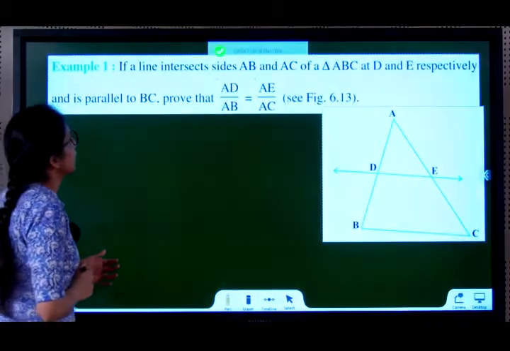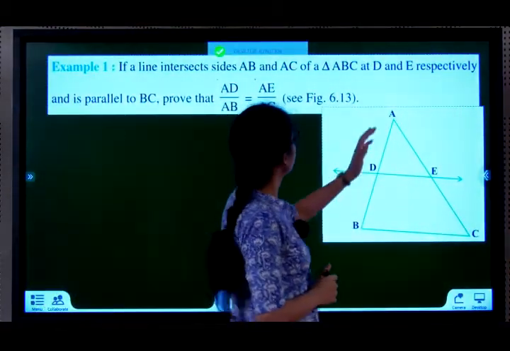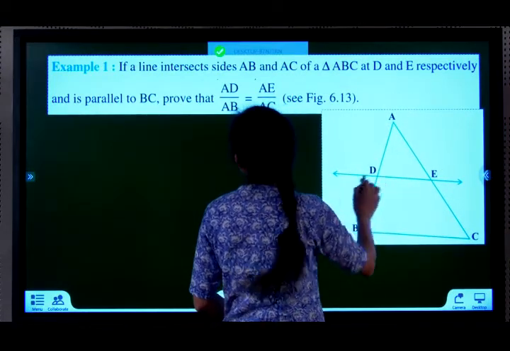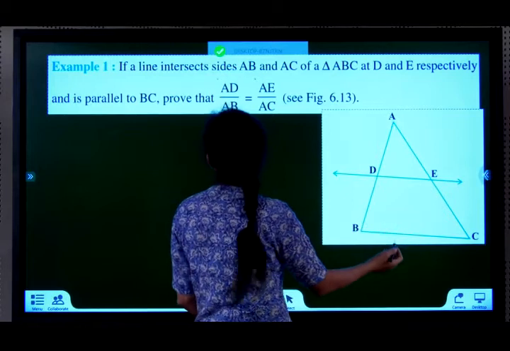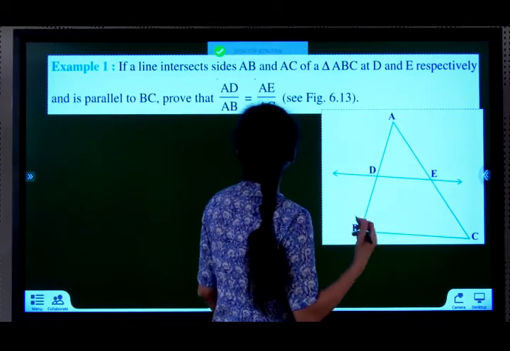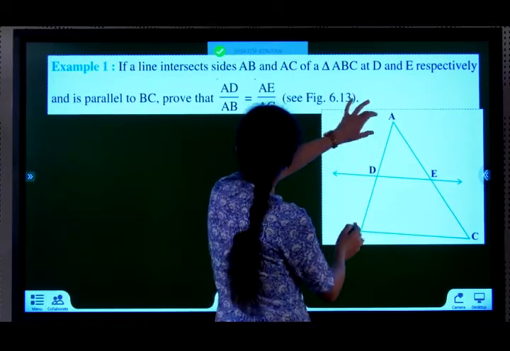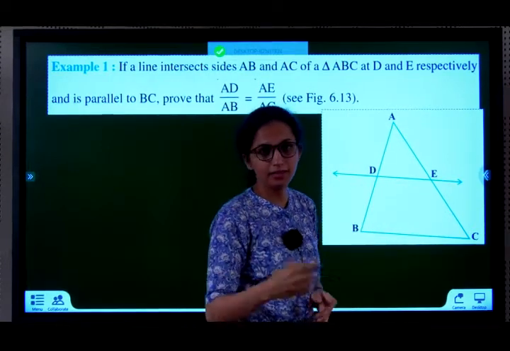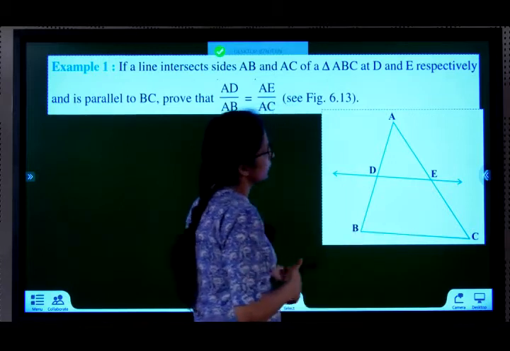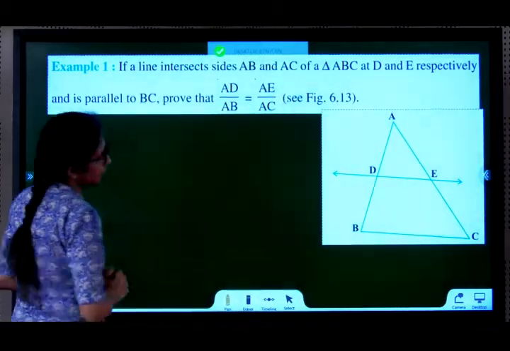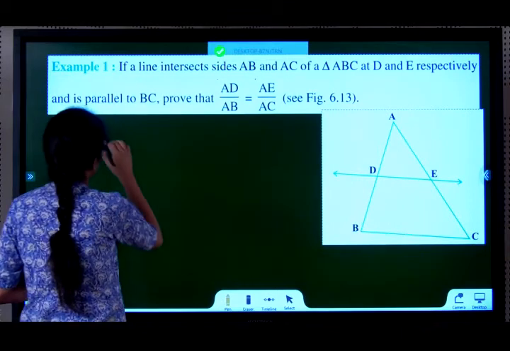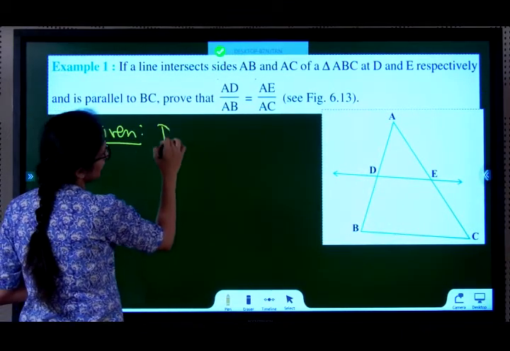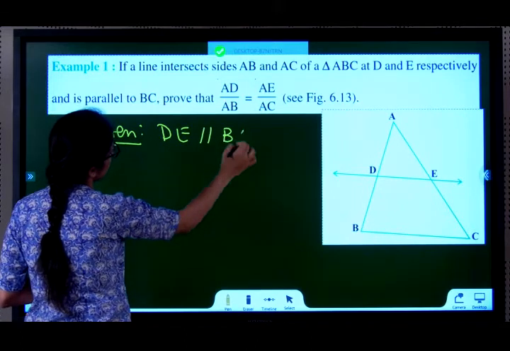Example 1. If a line intersects AB and AC of a triangle ABC at D and E respectively and is parallel to base BC, prove that AD by AB is equal to AE by AC. We have already done this in the note immediately after BPT. We have to just do the same thing here. Now the given part: DE is parallel to BC, right?